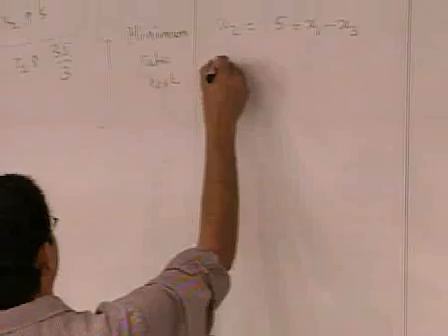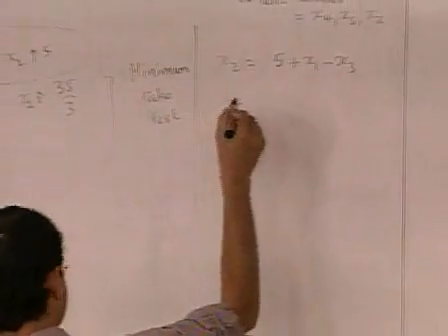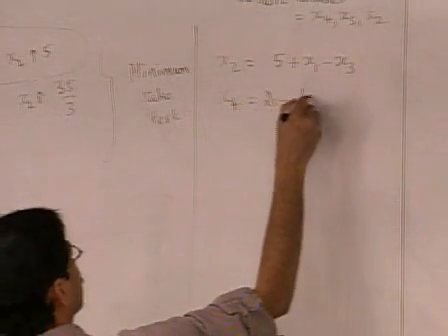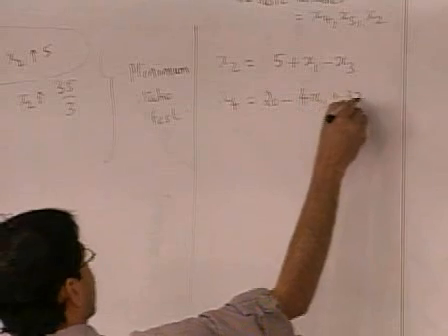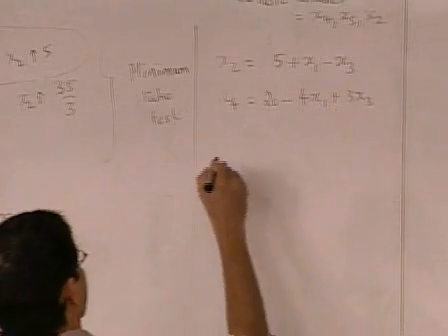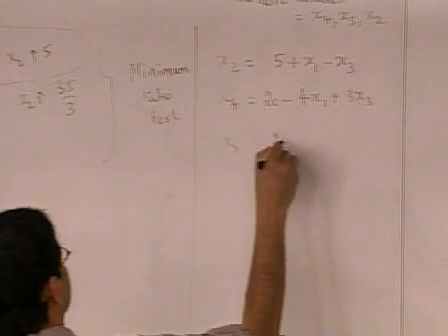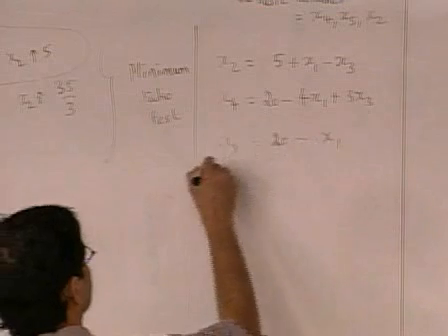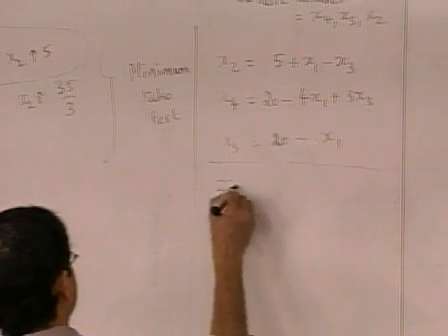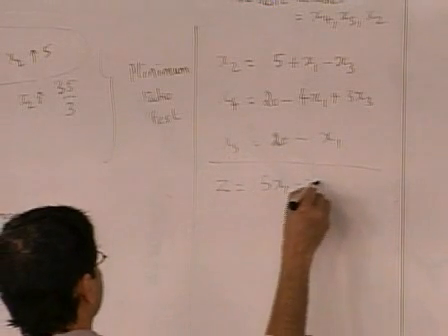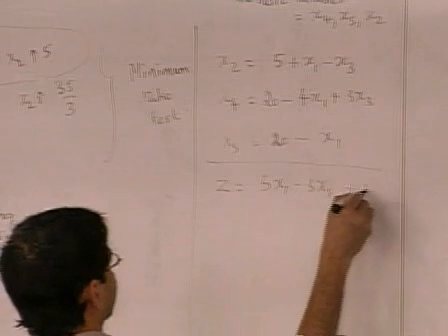We got x4 equals 20 minus 4x1 plus 3x3. We got x5 equals 20 minus x1, and we got z equals 5x1 minus 3x3 plus 15.